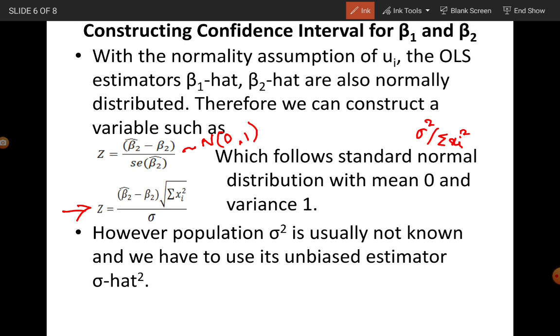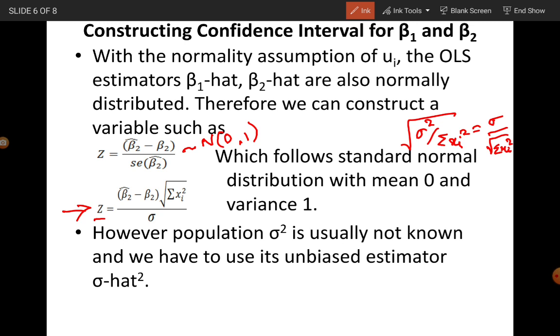This is the variance of beta 2 hat. So standard error is its square root. So if I take square root, that means sigma by root under summation xi square, right? So if I can construct such a variable called z, it will follow standard normal distribution, mean 0, variance 1.